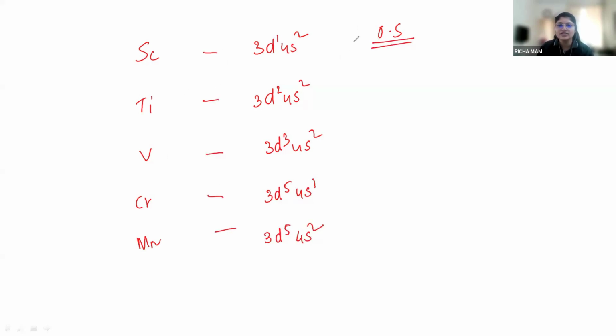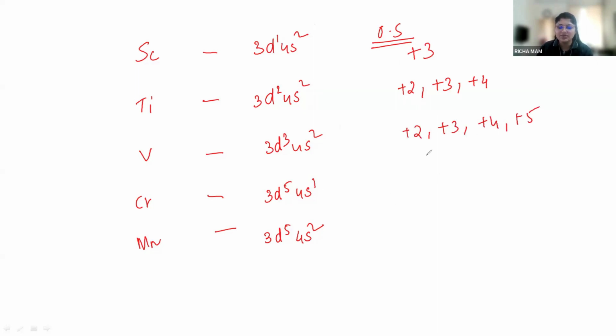What is the oxidation state of scandium? The maximum number of electrons it can give is 3, so it is +3. Titanium's maximum is 4, so it can show +2, +3 and +4. Here the maximum is 5, so it will show +2, +3, +4 and +5.